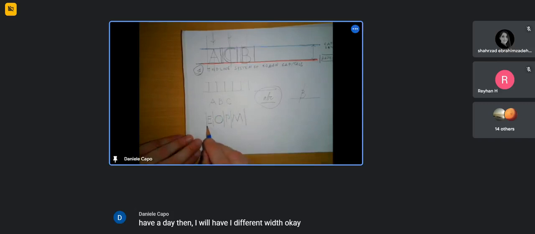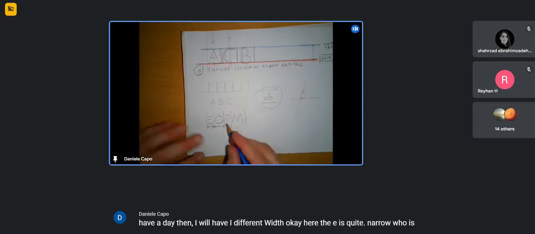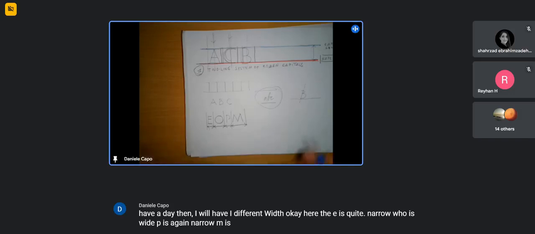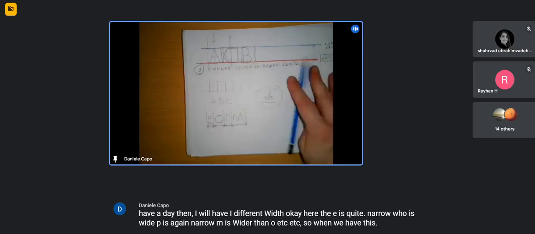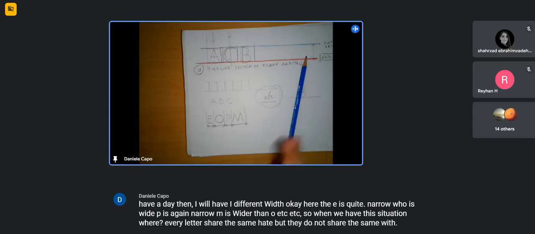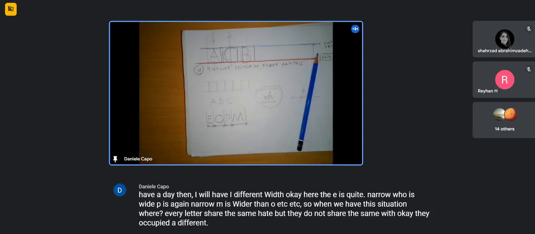Okay, you have the E is quite narrow, O is wide, P is again narrow, M is wider than O, etc., etc. So when we have this situation where every letter shares the same height, but they do not share the same width, okay, they occupy a different space.